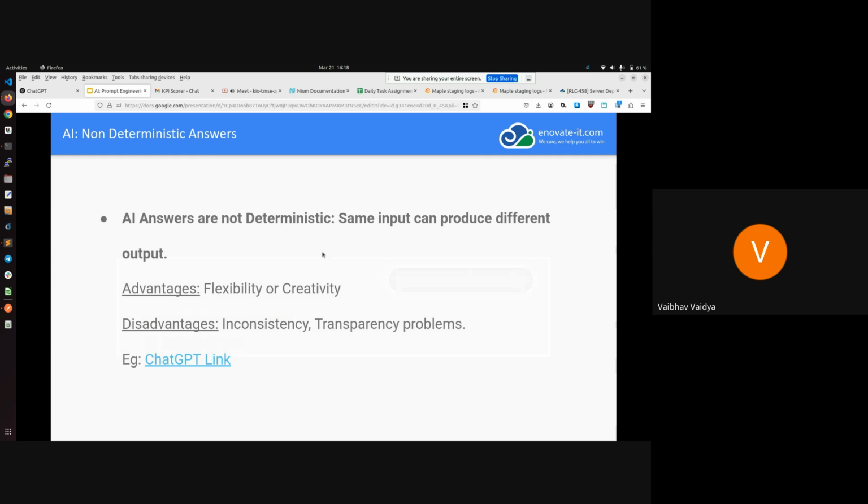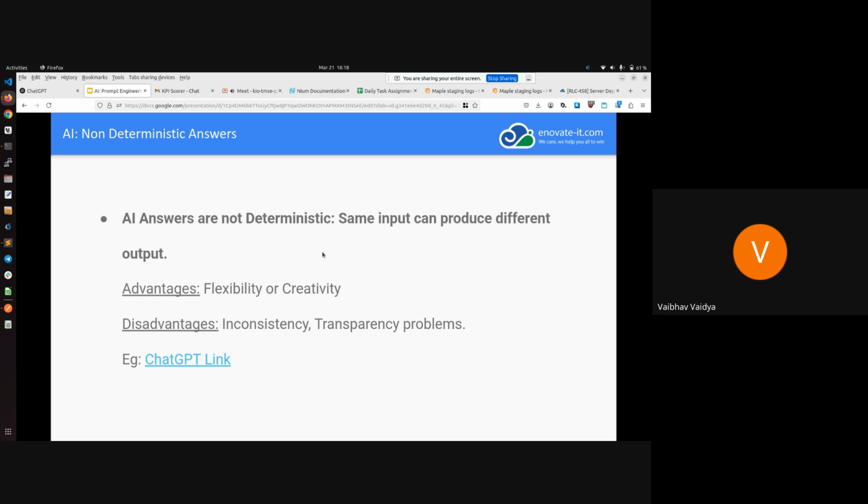Now, one thing you have to realize, like this cautionary tale which I've just addressed, is that AI answers are non-deterministic. So you can input the same thing multiple times, and you will get different answers. This is a little bit intentional. The creators of AI are mainly trying to focus on two things: one is flexibility, second one is creativity.